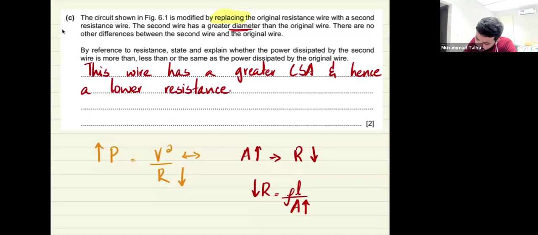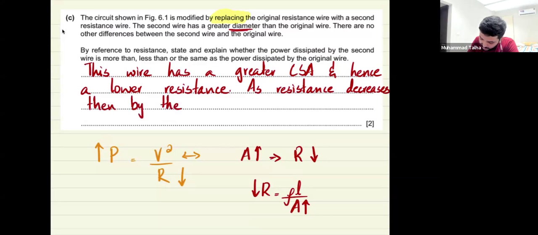So I'll say that as resistance decreases, then by the power formula, V squared over R, because your denominator has gotten smaller, the overall fraction, which is power, increases.